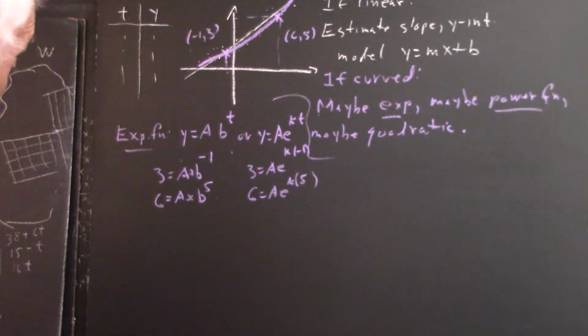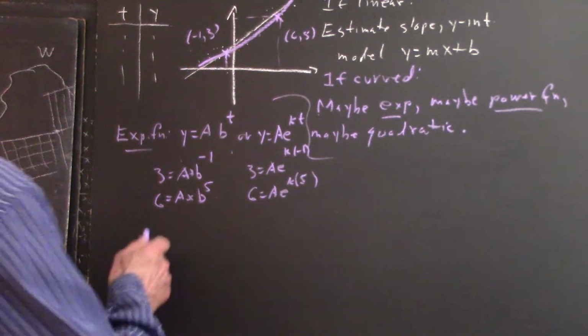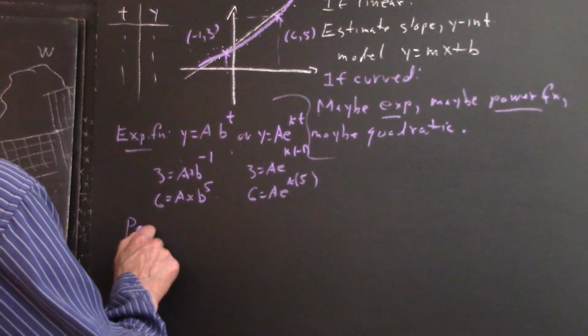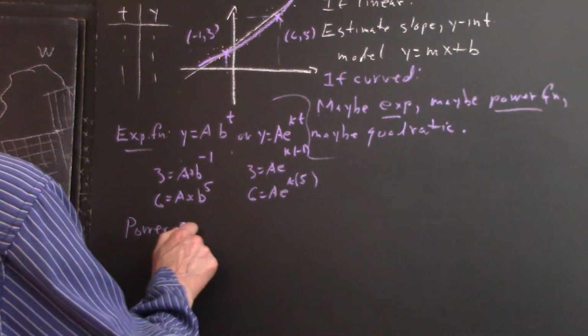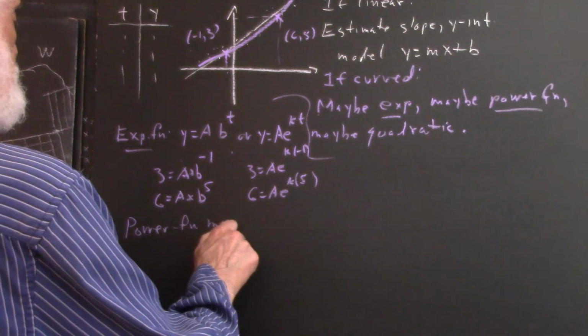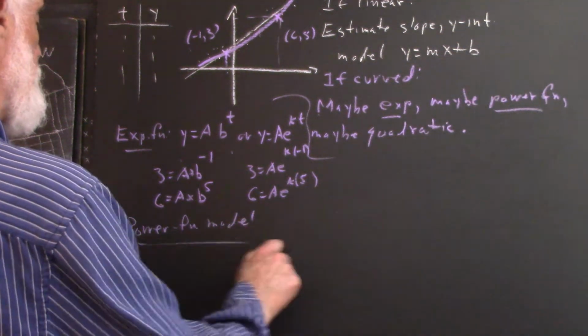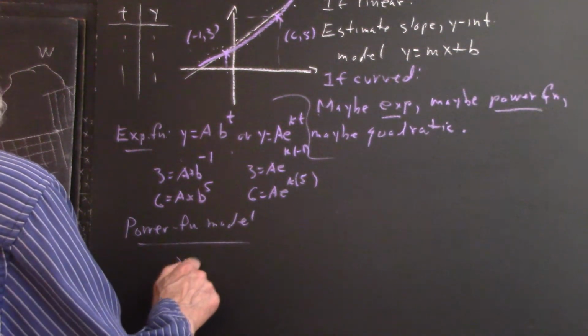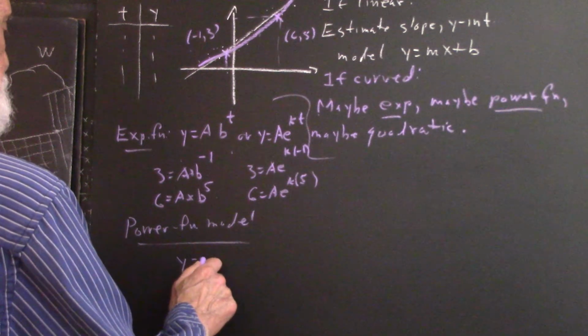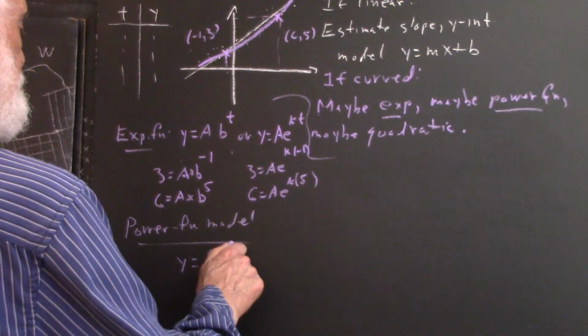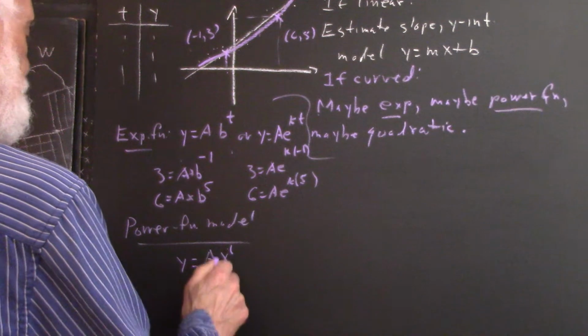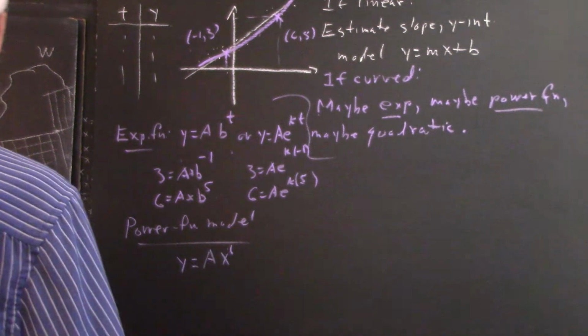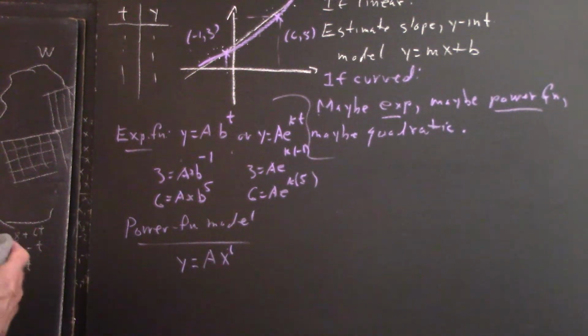If it's an exponential model, or a power function model, well, we do the same thing, but the form would be y equals a times x to the t. Sorry, it would not be a times x to the t.